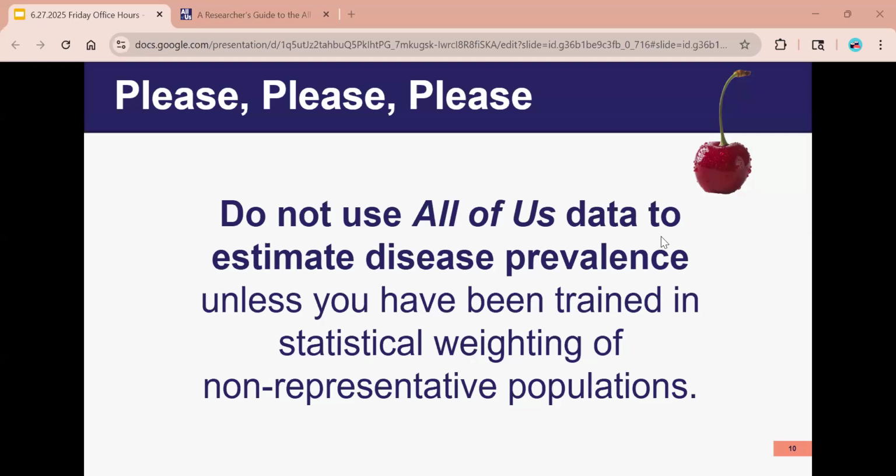That said, we are developing statistical weighting methods for more broad use, which we hope to make available in the future. This would enable some disease prevalence estimates, but again, 2 things. Go read the researcher guide, or at least some of it, and please do not use our data to estimate disease prevalence. And with that, next slide.